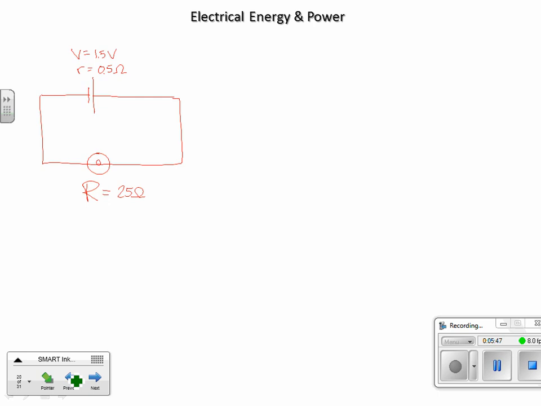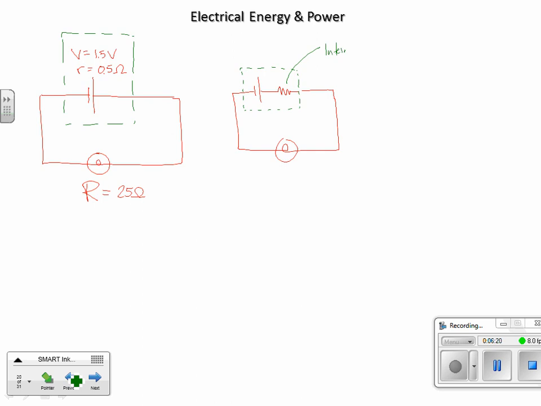Well, this is just like saying, you'll see these sometimes like this, with the potential difference and a little r, or sometimes you'll see it like this, with that and a little resistor. But typically they'll draw a box around it, so they're referring to this as the internal resistance.